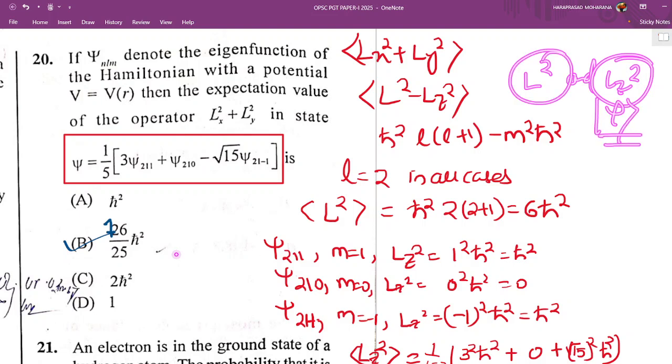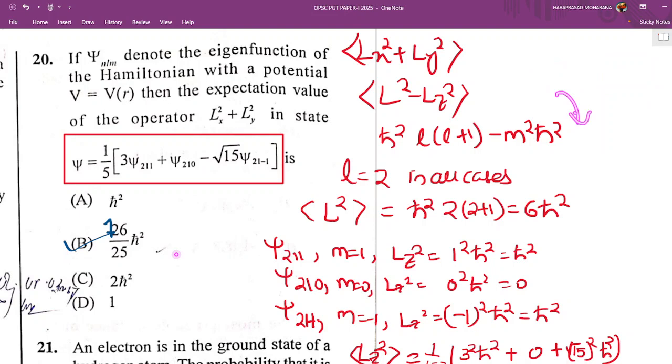L square, as we derived earlier, gives h cross square into L into L plus 1 when it operates on a state, let's say psi, whereas Lz when it operates on psi gives m h cross psi. You all know this. When Lz square operates, it will give you m square h cross square, isn't it? So I will find out L square minus Lz square. That will be my Lx square plus Ly square.